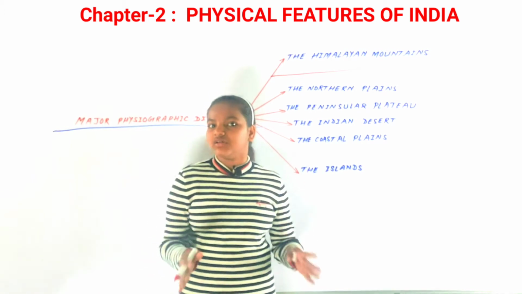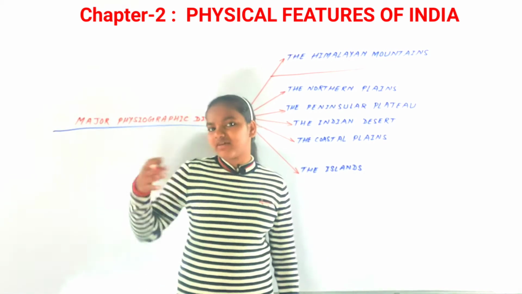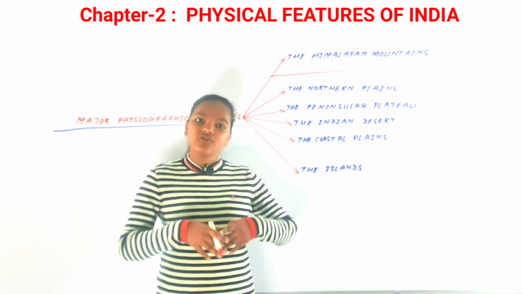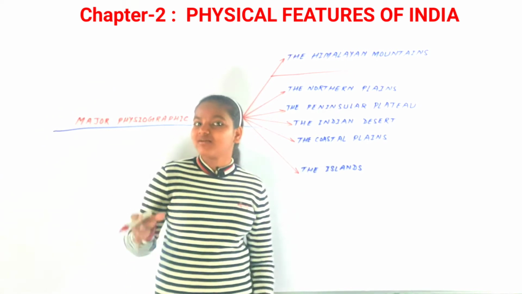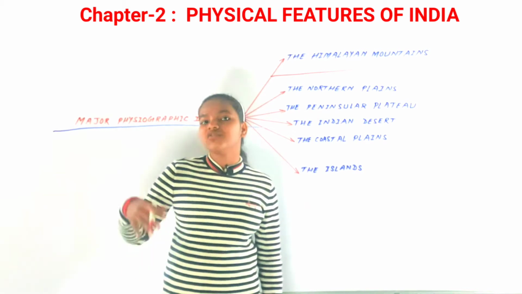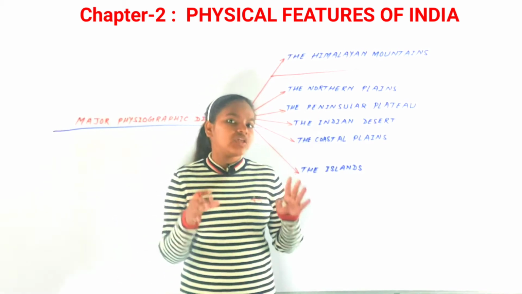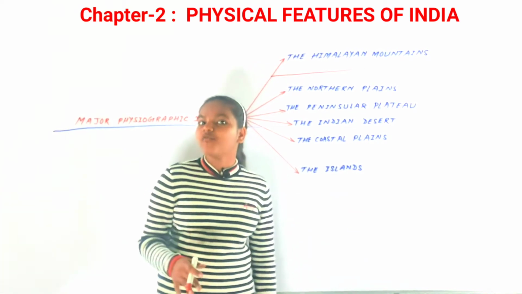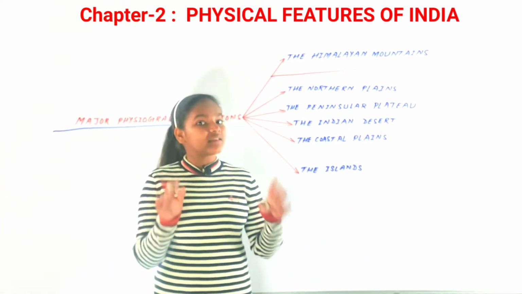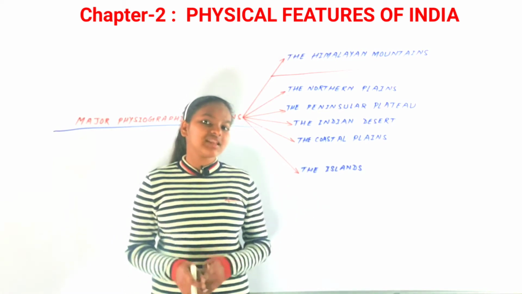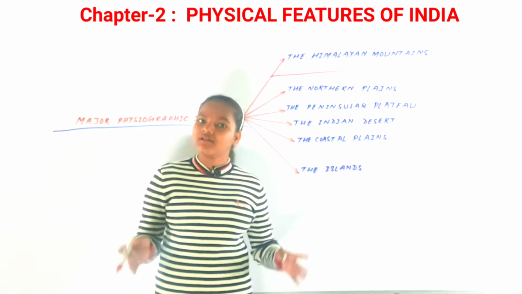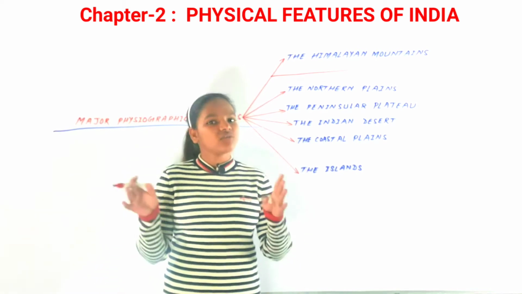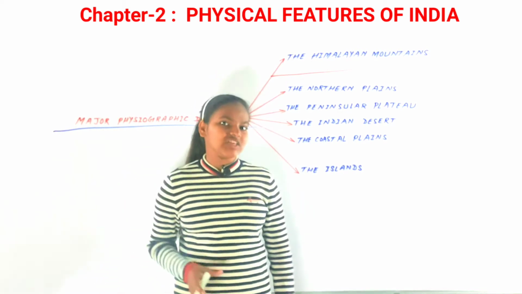The average width of this range is about 400 km, and the average height is about 6,000 meters. That is an average; it is not the same in different regions of that part. So that is our first range, Himadri.